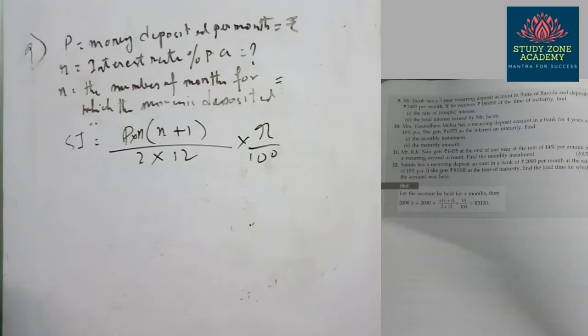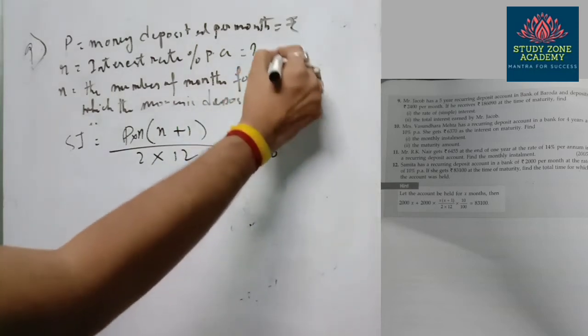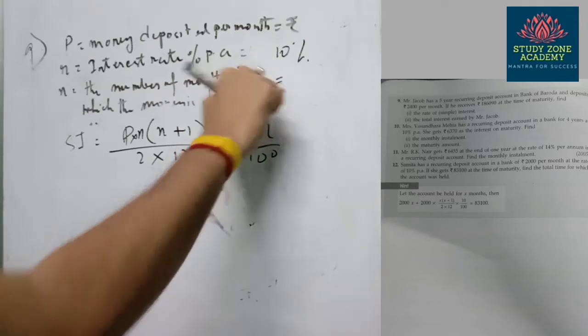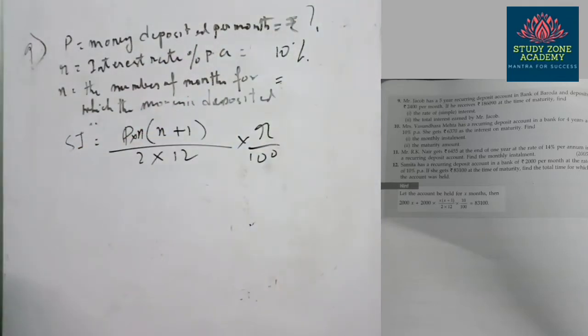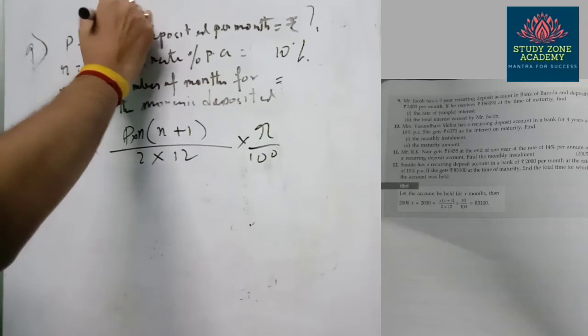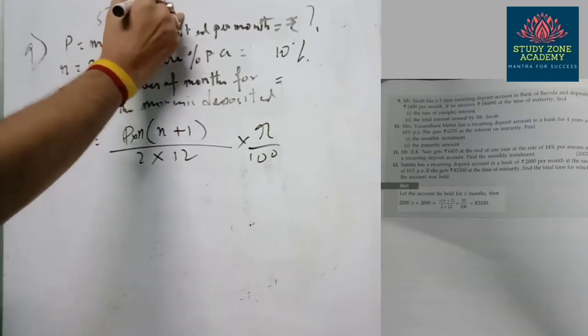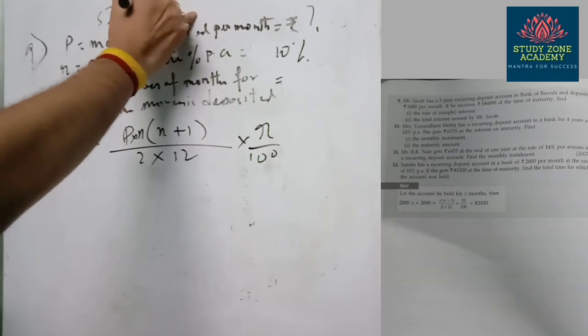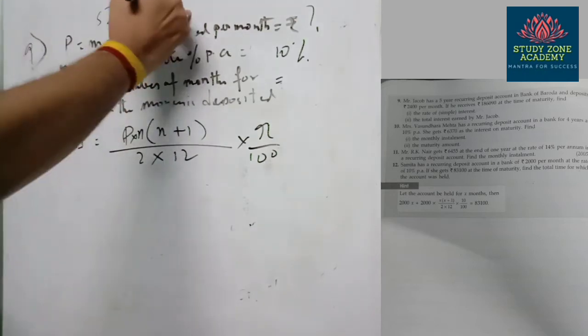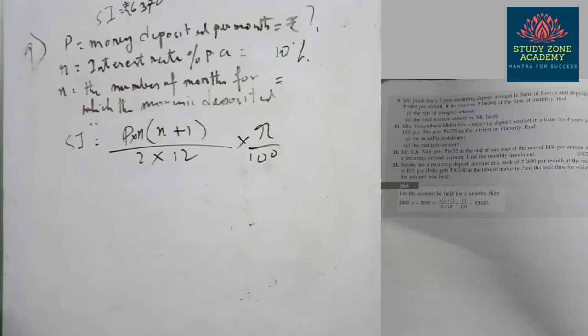Let us start. Rate is 10%. Principal is unknown. We need to calculate that. Simple interest SI, let me write it here. SI is 6370. Clear? 6370 is the interest.